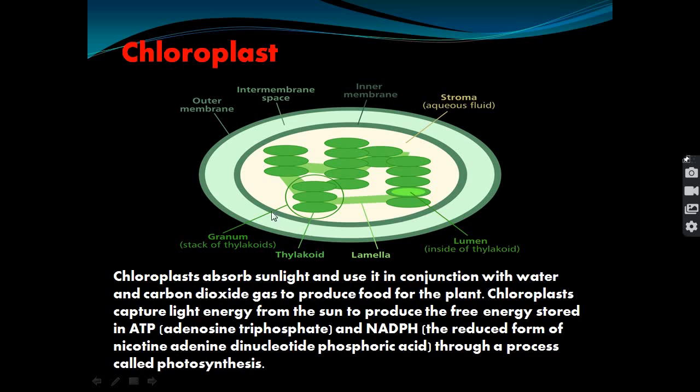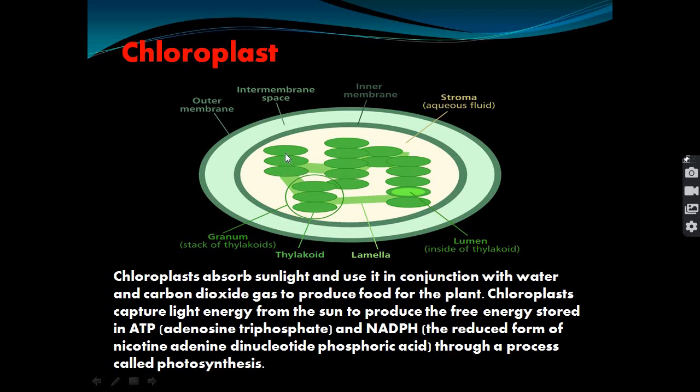Coming to the structure of the chloroplast, it is mainly a double membrane structure consisting of an outer membrane and an inner membrane. The outer membrane is more permeable when compared to the inner membrane. In between these two membranes, there is a space called the intermembrane space. The fluid present inside the membrane is the stroma, or the aqueous fluid, and the stack-like structure here is called the thylakoid.